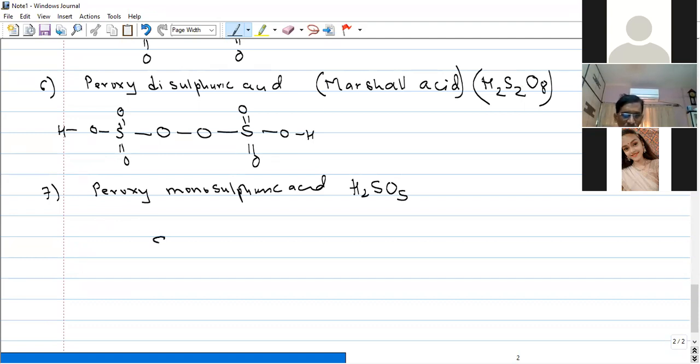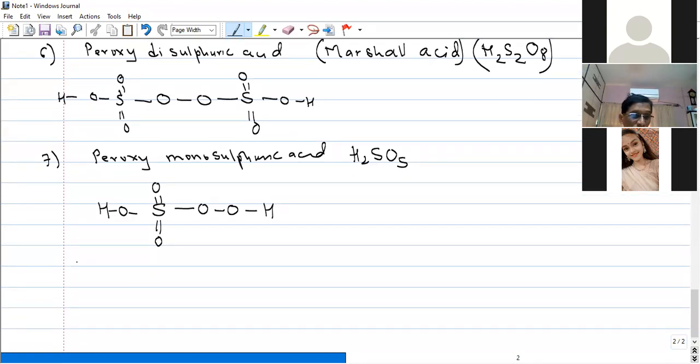See here: S, O, O, OH, OH. Peroxymonosulfuric acid has one extra oxygen, peroxy. The one above is peroxydisulfuric acid and the one below is peroxymonosulfuric acid.